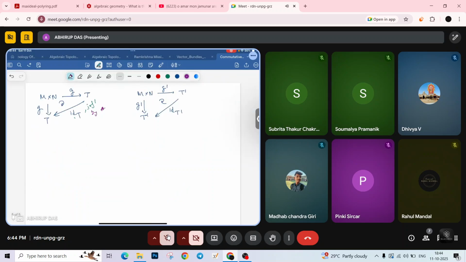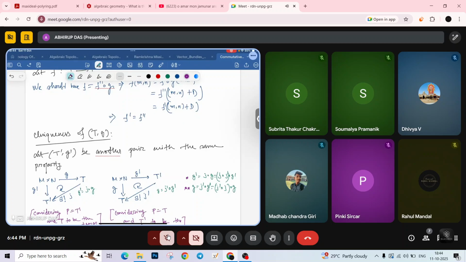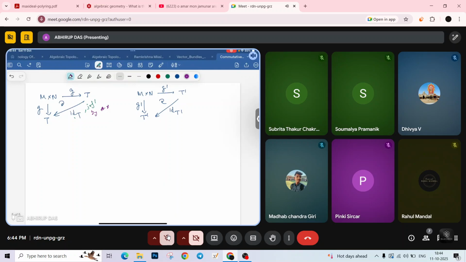Am I writing it correctly? I have a doubt. J prime compose J should be there.